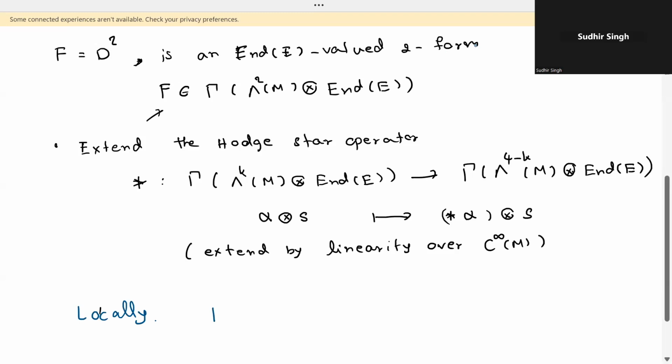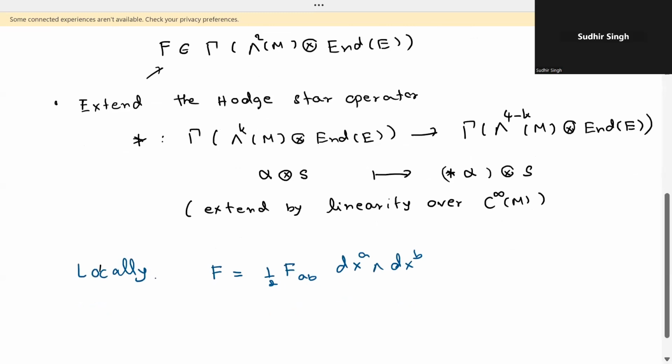Locally, if we write F like this, then the Hodge dual of F, which is also a 2 form, has components given by the same formula as what we had before, which is this one.